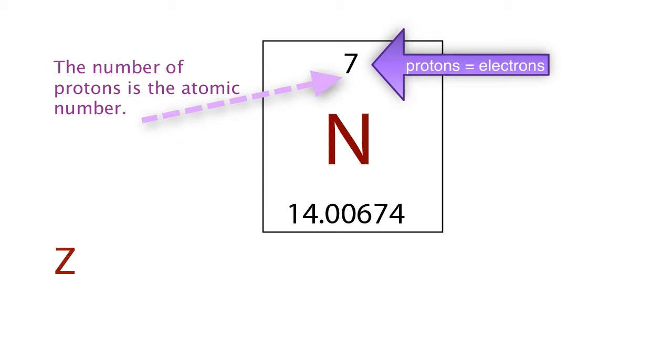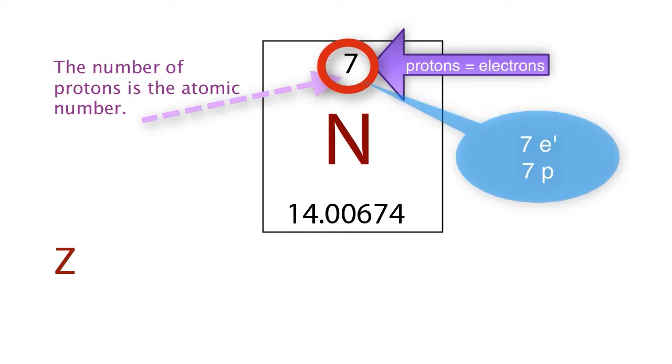So the atomic number also indicates the number of electrons present in the atom. The chemical identity of an atom can be determined solely by its atomic number. For example, the atomic number of nitrogen is 7. This means that each neutral nitrogen atom has 7 protons and 7 electrons.